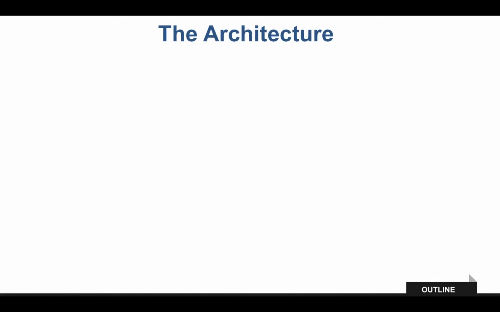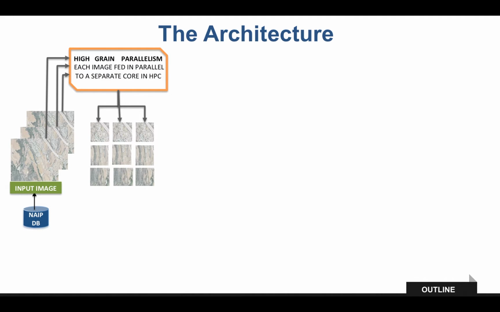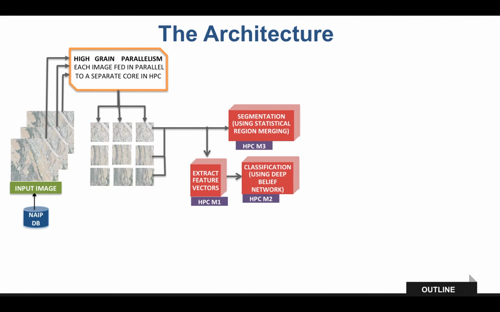Now, we provide a detailed overview of the system architecture. First, images from the NAIP dataset are split and fed in parallel to the cores of the high-performance computing platform. The three HPC modules perform segmentation, feature extraction, and classification.